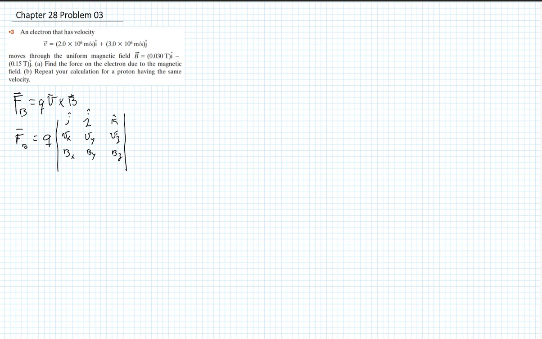So you can do this problem this way. If you foresee that this is going to end up only in the K direction, you can just eliminate these components here because you're going to need to use the K. If you do the right hand rule, take a look.